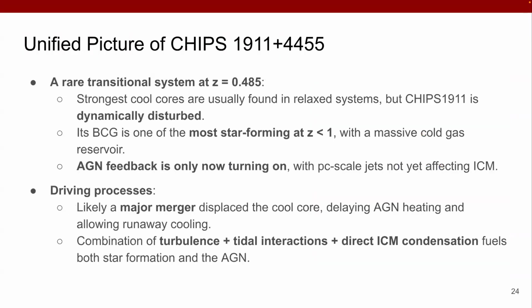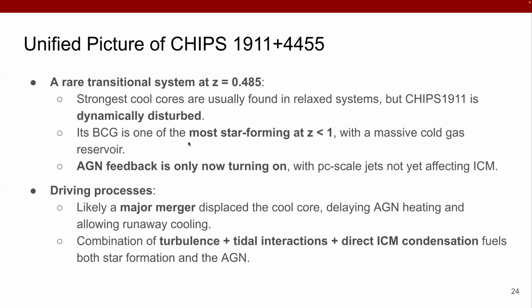Okay, I'll try to finish in 2 more slides. So what did we learn? We learned this object is a very unique object in a couple of ways. The first is it has a very strong cool core, yet it is in a disturbed environment. So there has to be some merging of the cluster.